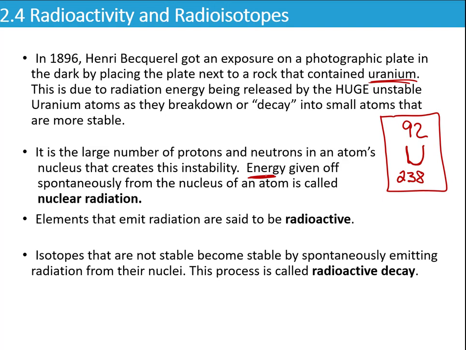So this is where this idea of radiation came from. It's radiating off of this sample. It's coming from the substance itself. He said it is coming from the nucleus of these atoms. So this is where nuclear energy and nuclear radiation was really first described. So it was only like 125 years ago. So this is considered a pretty new branch of chemistry.